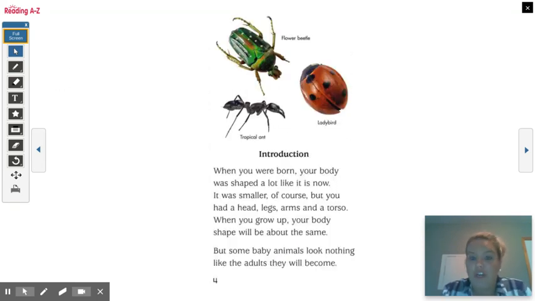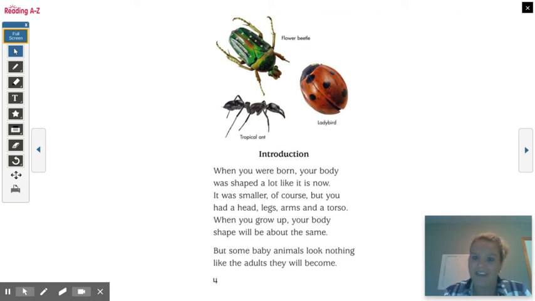When you were born, your body was shaped a lot like it is now. It was smaller, of course, but you had a head, legs, arms, and a torso. When you grow up, your body shape will be about the same. But some baby animals look nothing like the adults they will become.